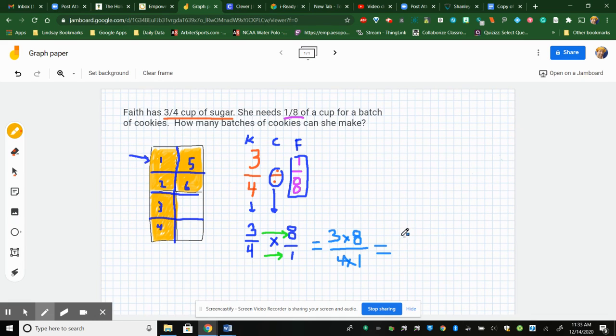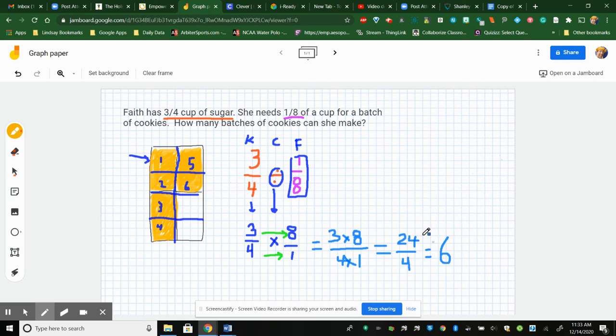And that's going to be 24. 3 times 8 is 24, divided by 4. 24/4, which is going to be 6. 24 divided by 4 is 6.